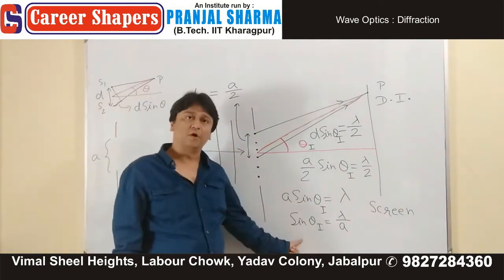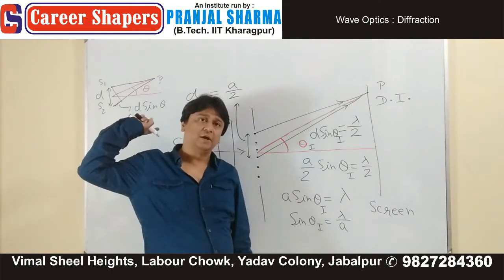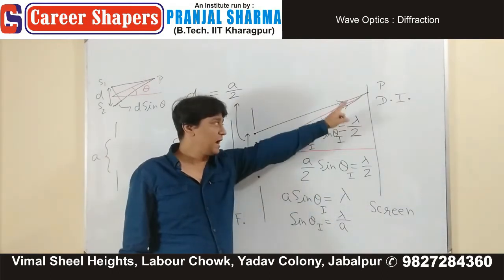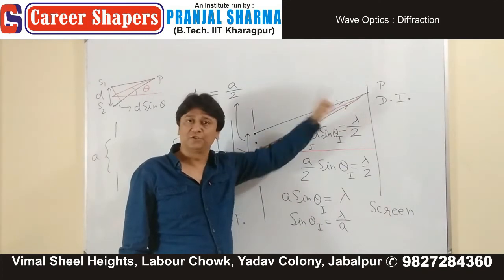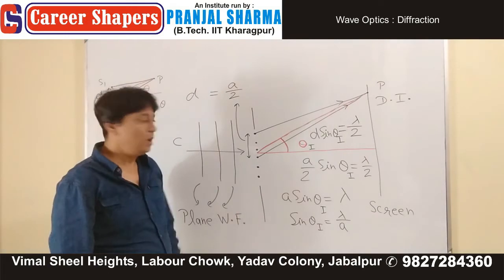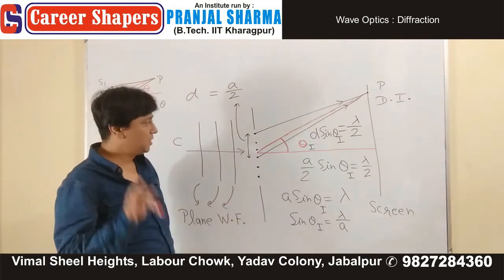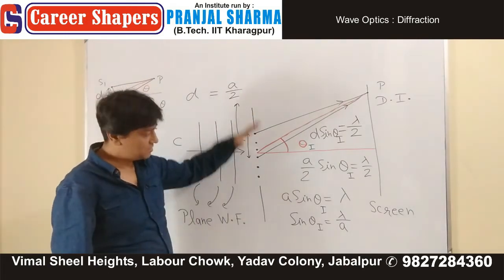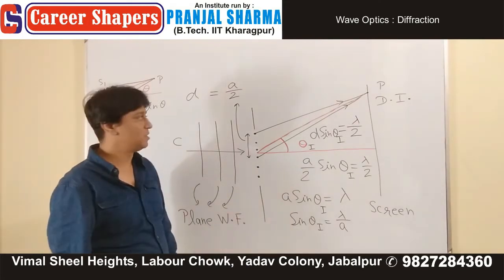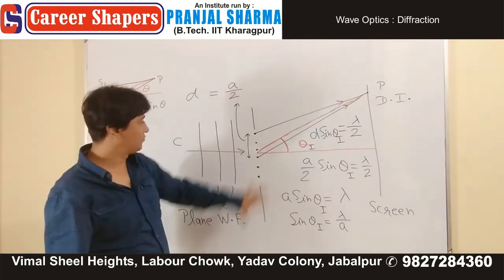With the help of YDSE and the Huygens concept, we have defined the angular position of the first dark fringe on the screen. If you understand this calculation work, write down yours in the comment box and note down everything.